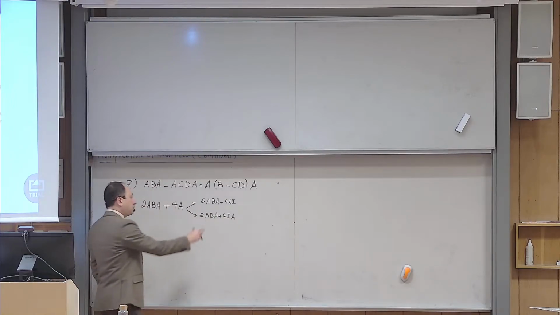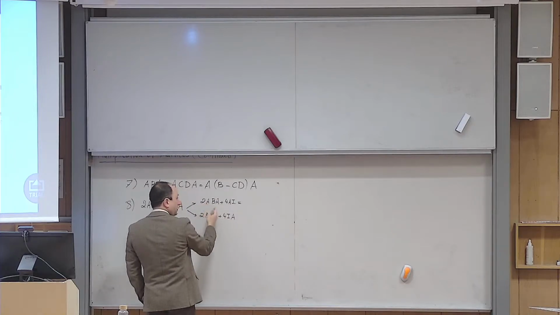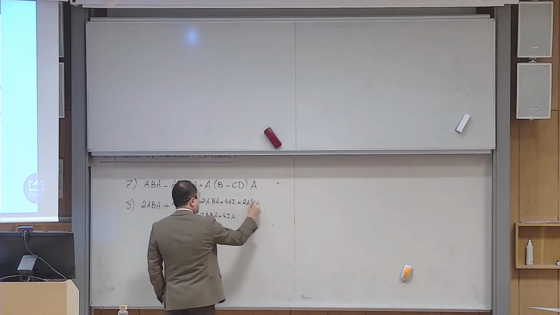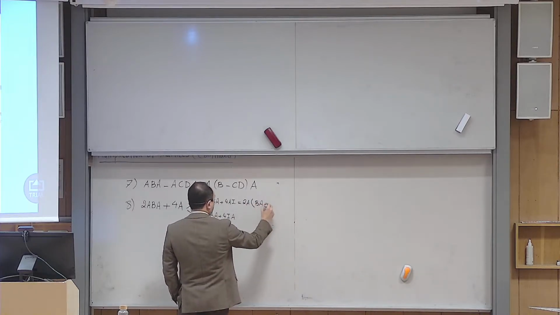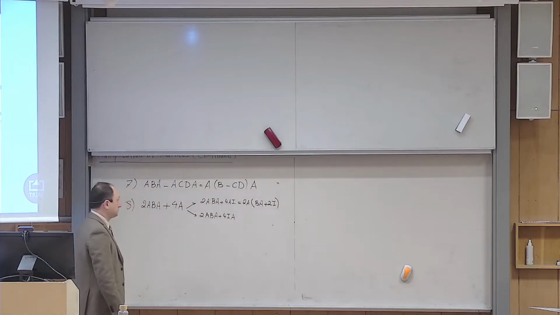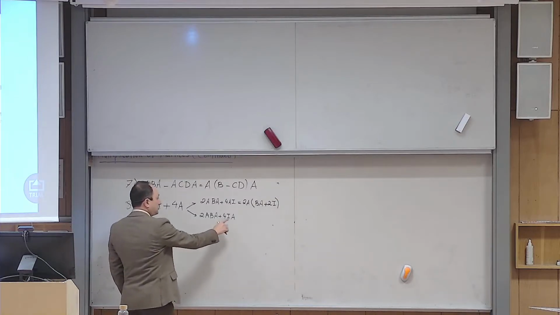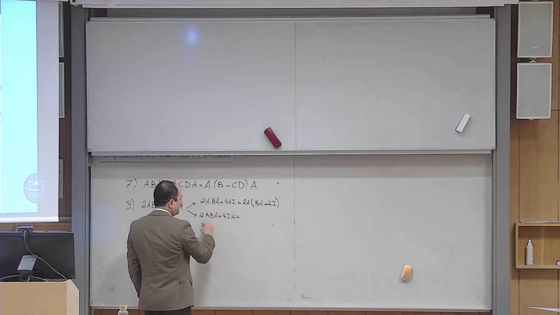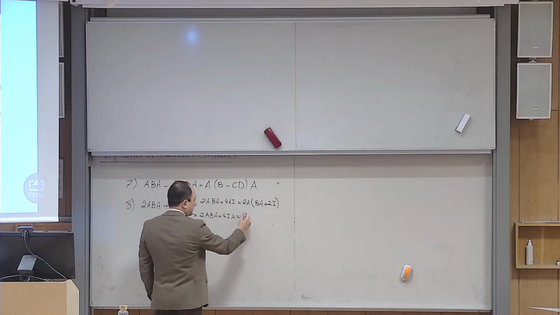If you think in that way, you can pull a 2 and A, this A, out from the left. What is left is BA, and then what is left is 2I. But if you interpret it in that way, which is also correct, you have to pull this A out, not that A, but from the right.